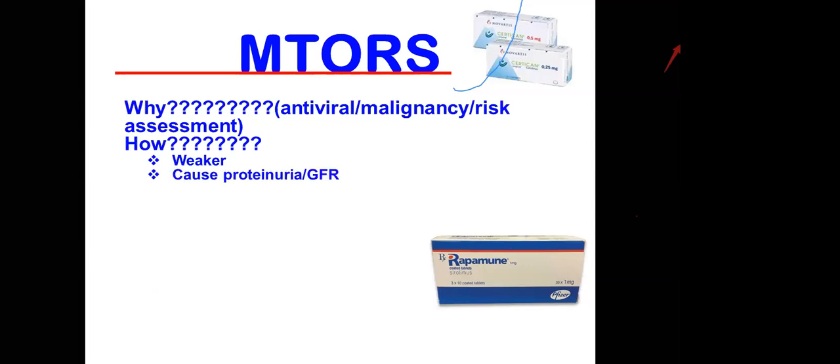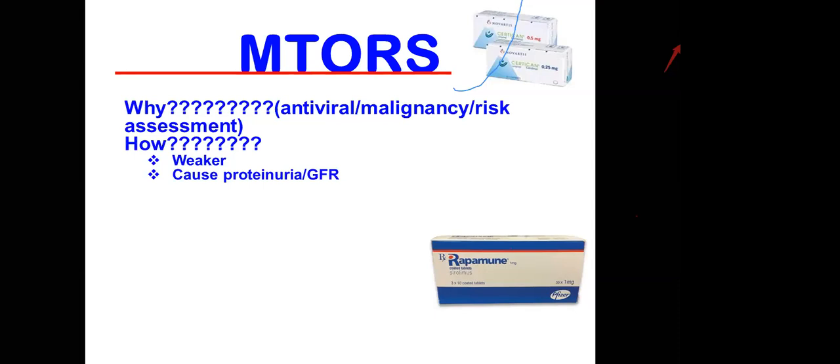So before writing Certican or Rapamune, you should do 24-hour urine protein. And if there is heavy proteinuria, more than 800, you can't write these drugs. This is number one. Number two, these drugs affect GFR. So if the patient has GFR below 30, you can't use this drug also.